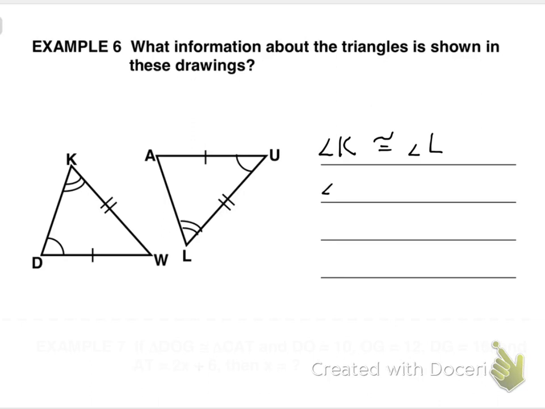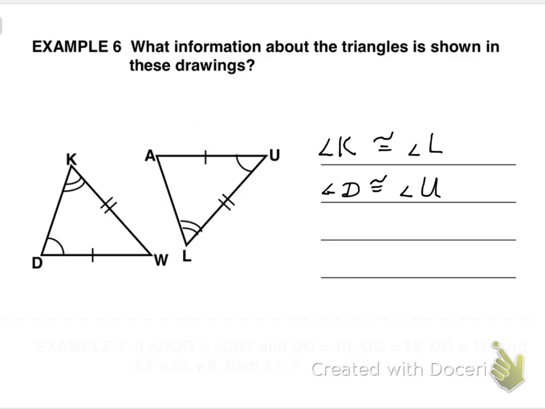Angle D is congruent to angle U because those are marked with just 1 mark. We don't know necessarily angle A and W, that's not marked. They would be the same. If 2 angles are the same, the third angle has to be the same. We could draw that conclusion, but this information is just what's shown.